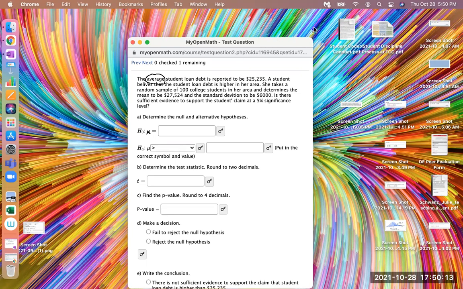So I would use what you just used as a secondary. If you're really unsure about the alternative hypothesis, I would use the sample evidence and look at the sample mean as a secondary way of finding out what type of alternative hypothesis it is. But I would really, really rely on, what are we going to really rely on to find the alternative hypothesis? The wording.